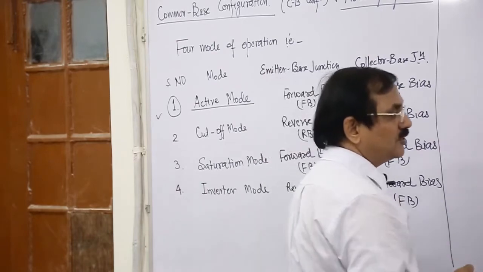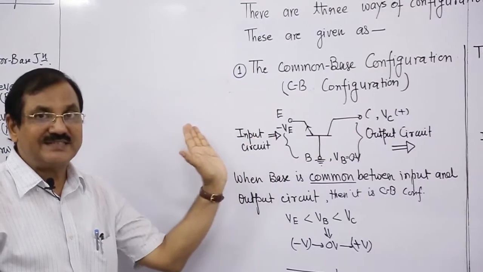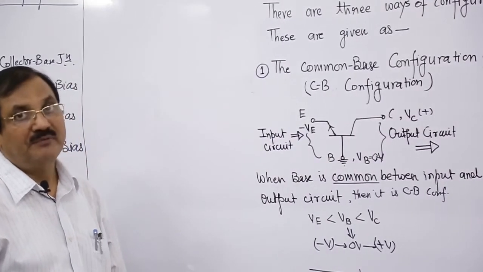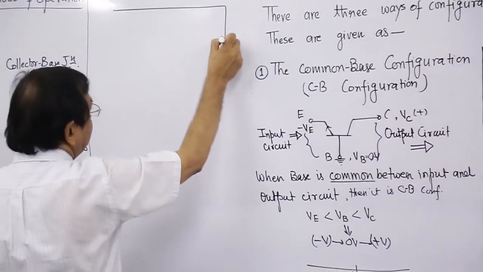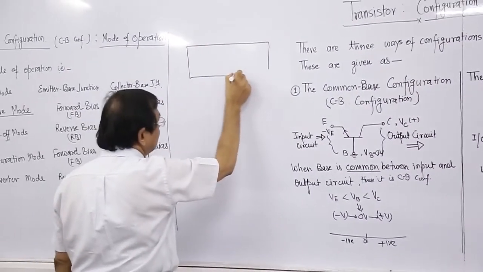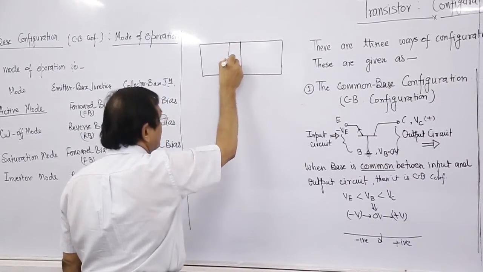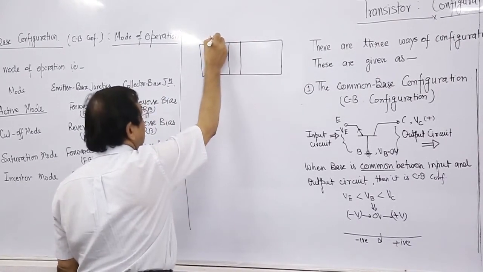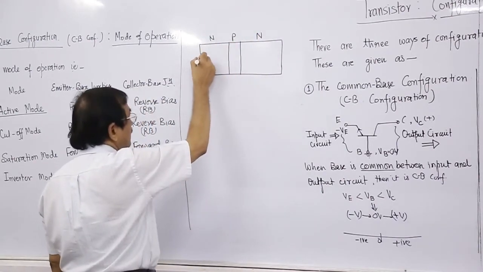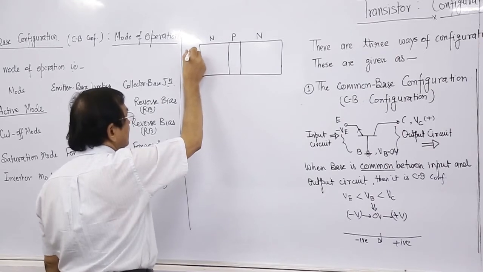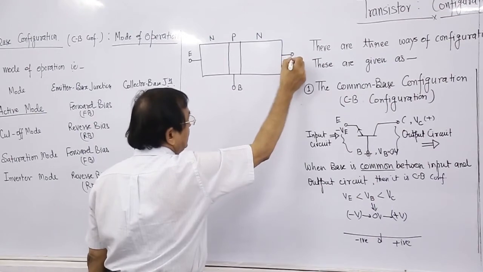Common base configuration, when the base is common between input and output, so we take the block circuit. Here it is NPN. This one is emitter, this one is base, and this one is collector.